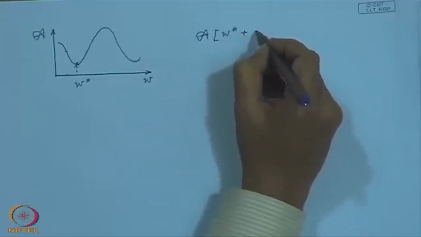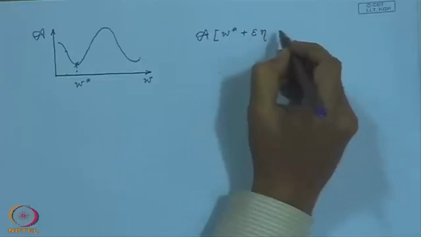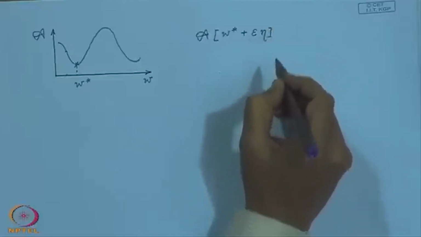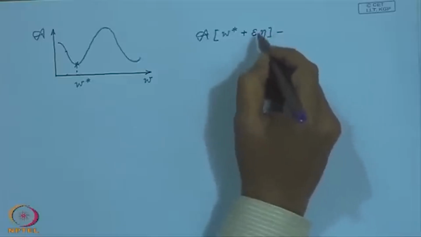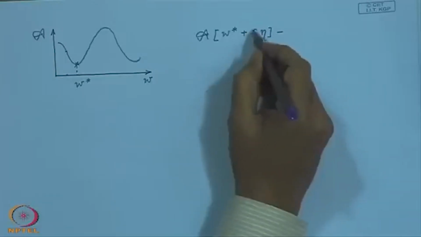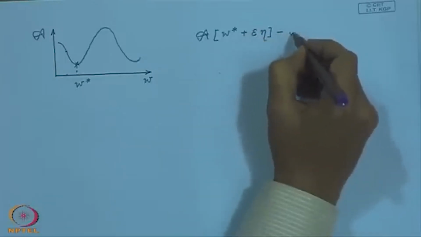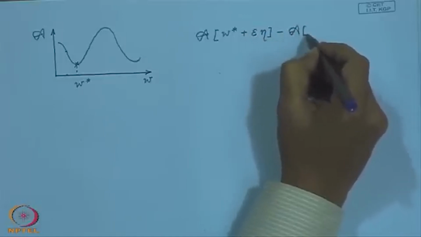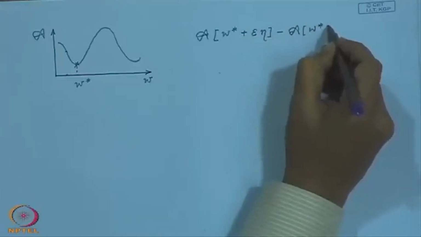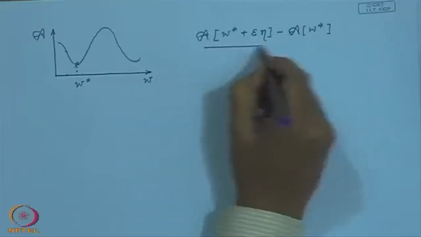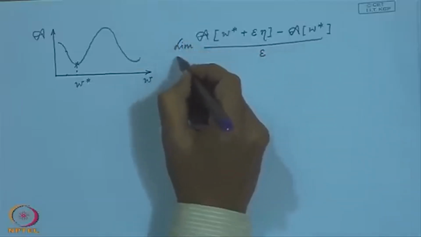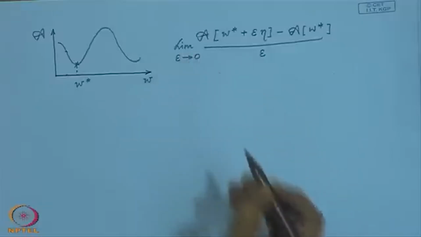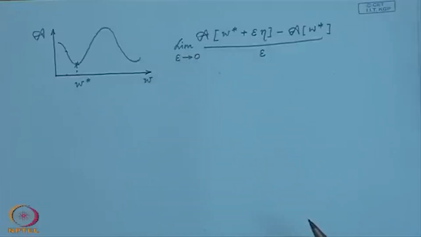So, this I can perturb with another function eta and a small quantity epsilon, and take the difference, divide by epsilon and take the limit epsilon goes to 0.